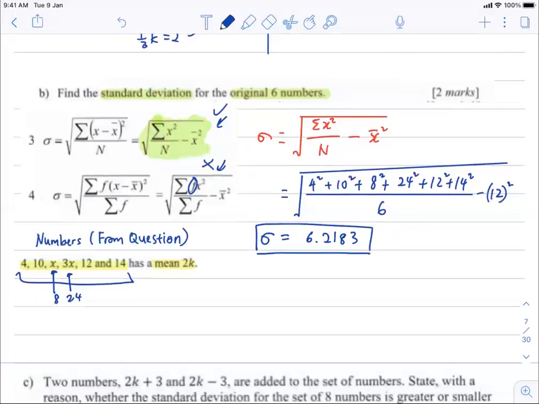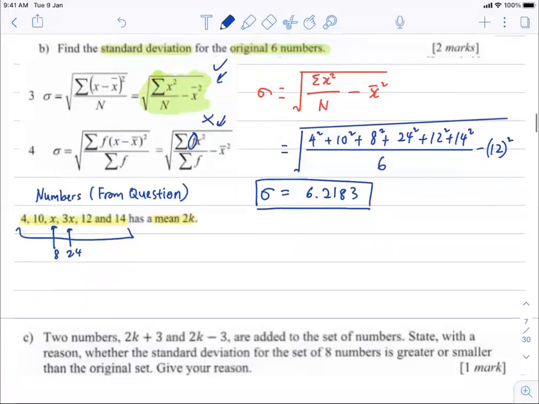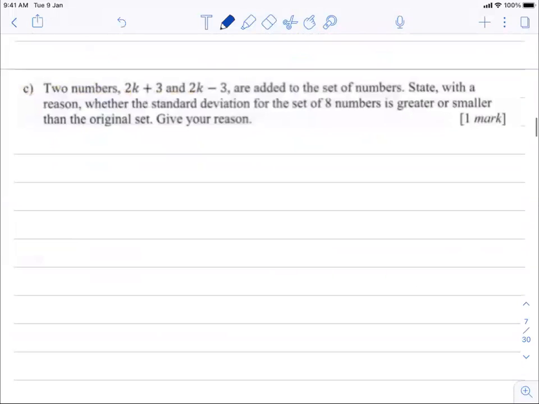Okay, now let us move on to part C. Part C tells us that 2 numbers are added to the set of numbers, and then asks us whether the standard deviation of the 8 numbers will be greater or smaller. So I will first say the answer, and then later on I will explain why.